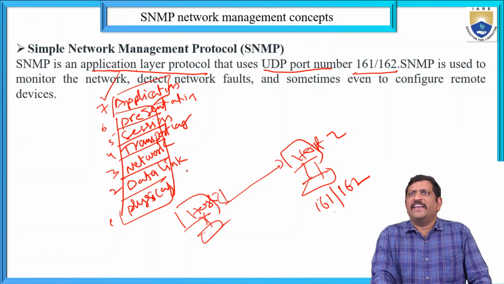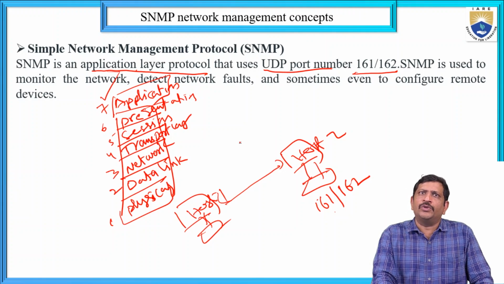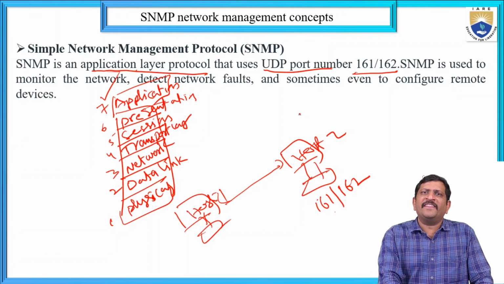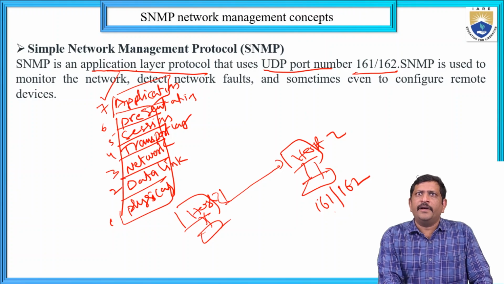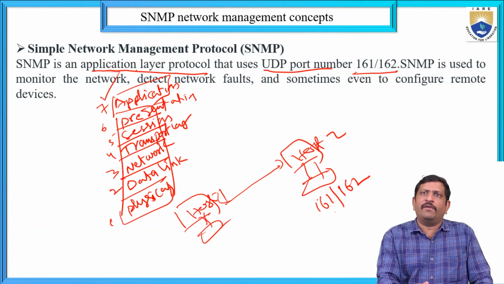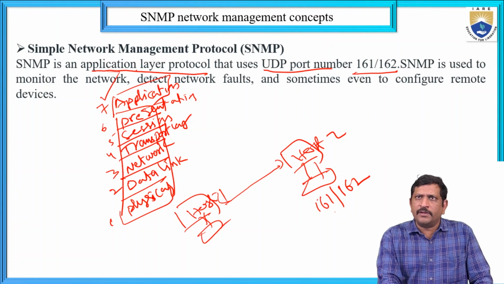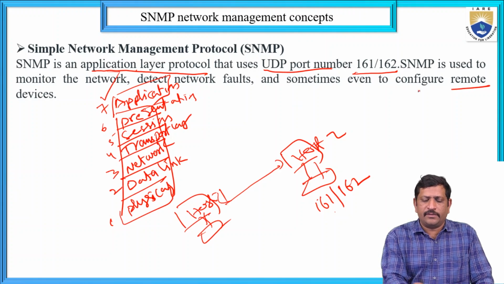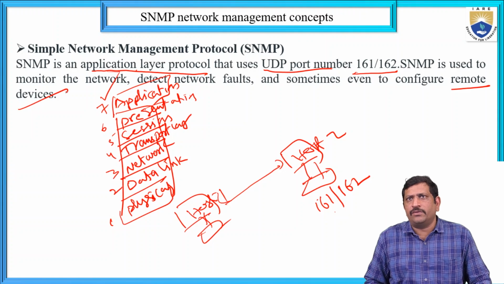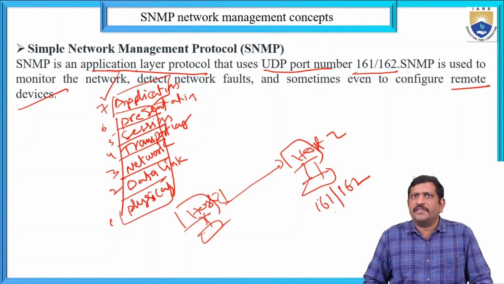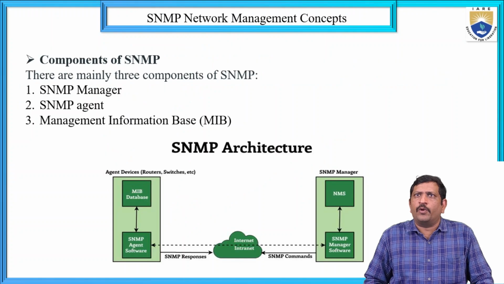SNMP is used for monitoring the network and detecting network faults, and sometimes even for configuring remote devices. Whatever remote devices we are using can be configured with the help of the SNMP protocol.